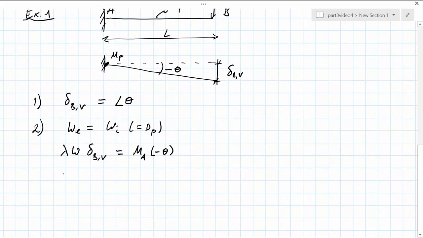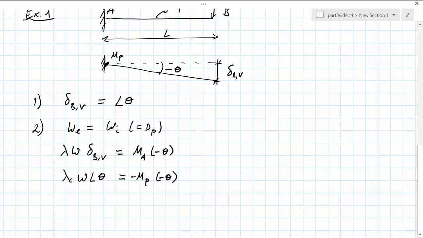At plastic collapse, we say that lambda C is multiplied again by the applied loading and the corresponding displacement, which we've now substituted as L theta. And crucially, because this is now at collapse, the moment MA becomes minus MP times minus theta.